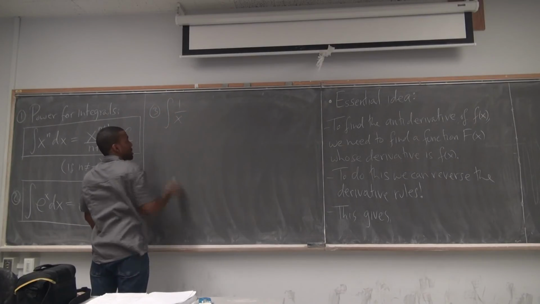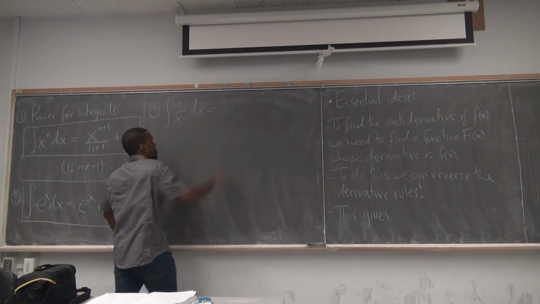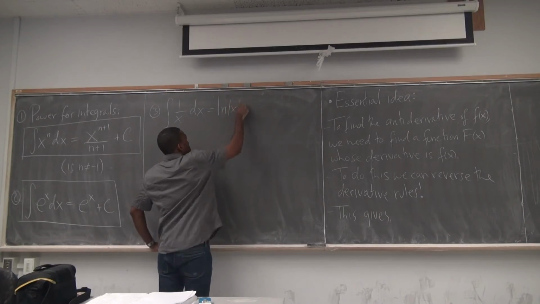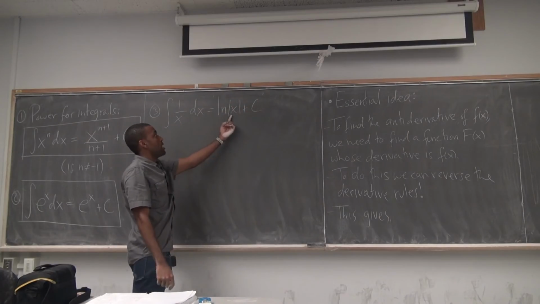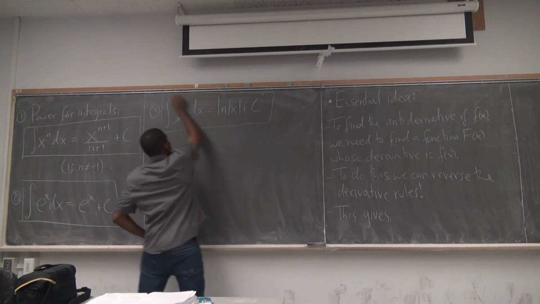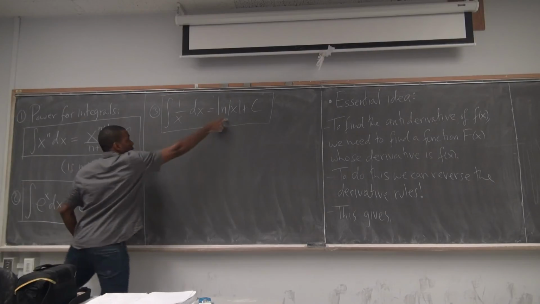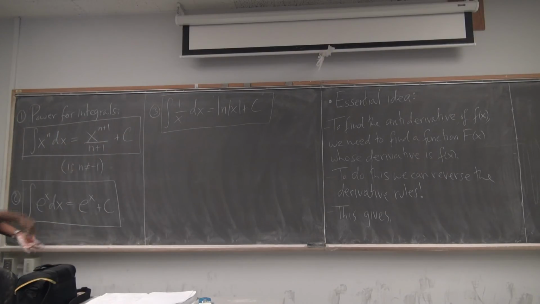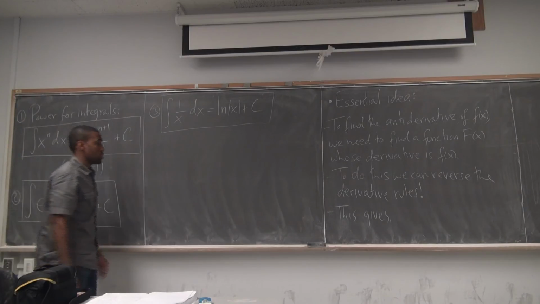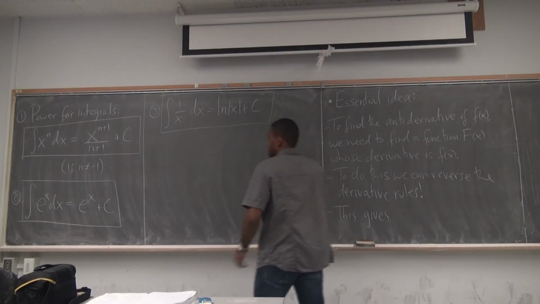The antiderivative or the integral of 1 over x dx is ln of x, because if I take the derivative of ln, I get 1 over x. So basically you're thinking of the derivative formulas backwards. If I differentiate this, I get that. If I differentiate this, I get that. So you're reversing a derivative, finding an antiderivative. So those are some basic rules.